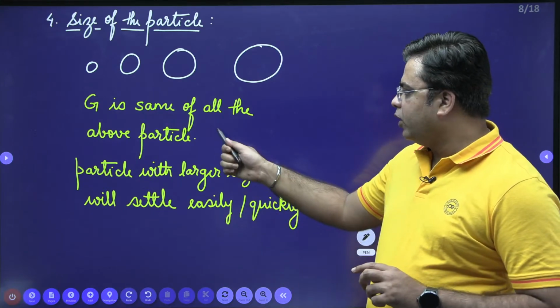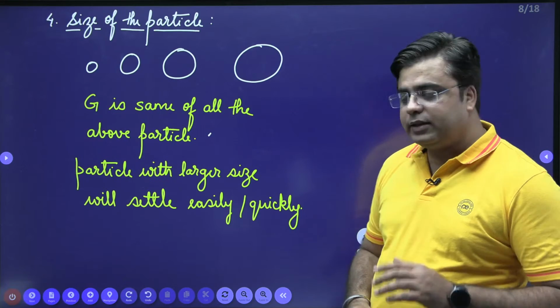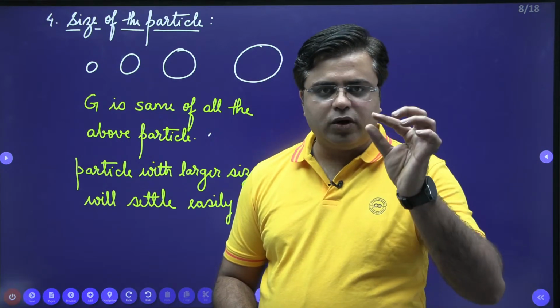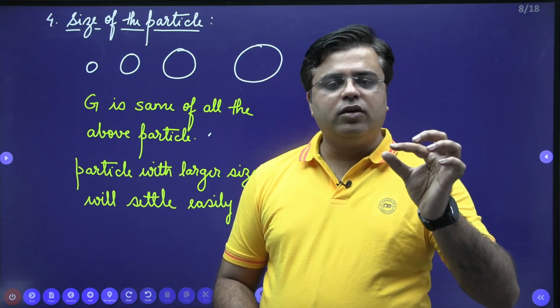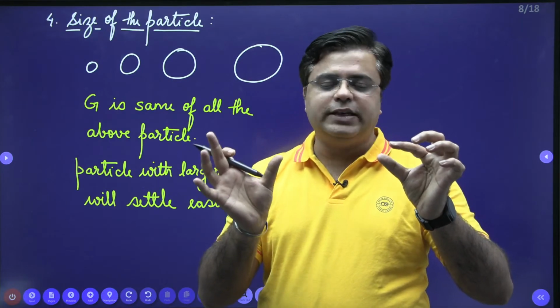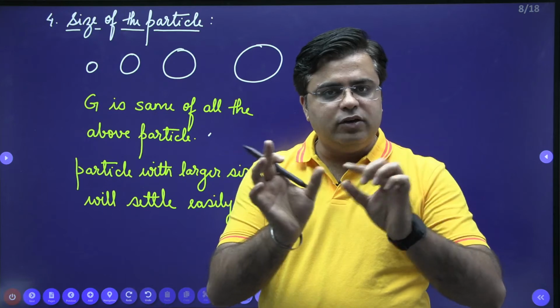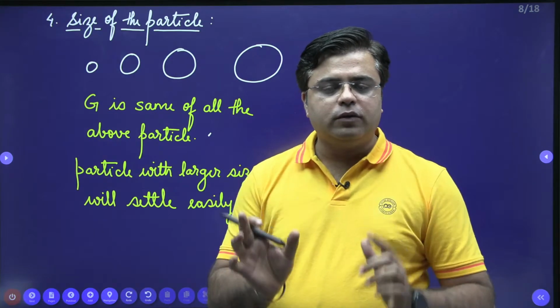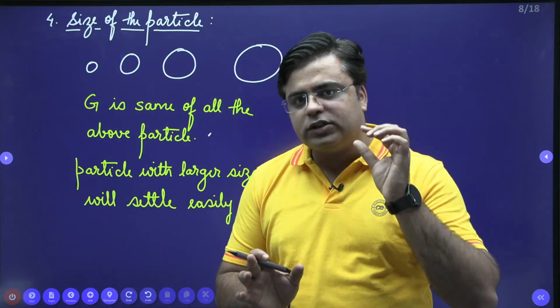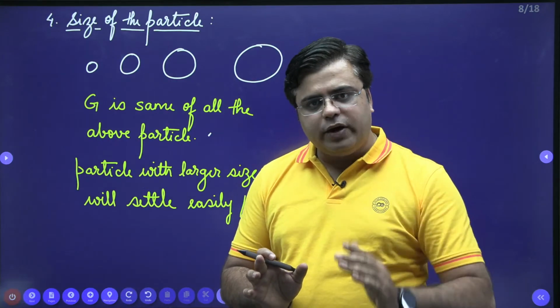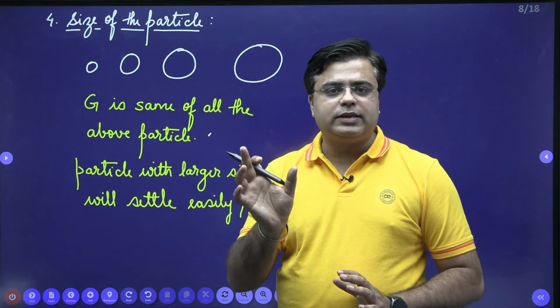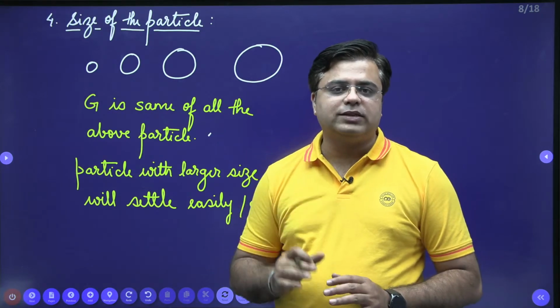Now, why do I want you to consider this factor that they should have same value of G? Reason being, you take a small size stone and on the other hand, you take a large size feather. G value is different for stone and feather. If you drop the stone, although the size of the stone is small, it is going to settle down easily. But the feather, even though it has the larger size, is going to float over the surface.